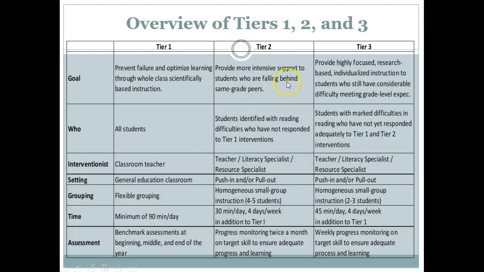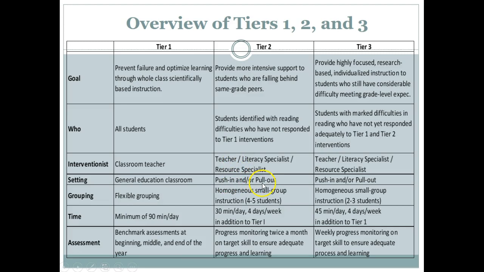Tier 2 is that more intensive support for students that we are identifying as falling behind their same grade peers. We want to catch them right away. They haven't been responding well to the instruction happening in Tier 1. The teacher can provide Tier 2 support, or a literacy specialist or resource specialist, but they should be a highly effective, well-trained person.